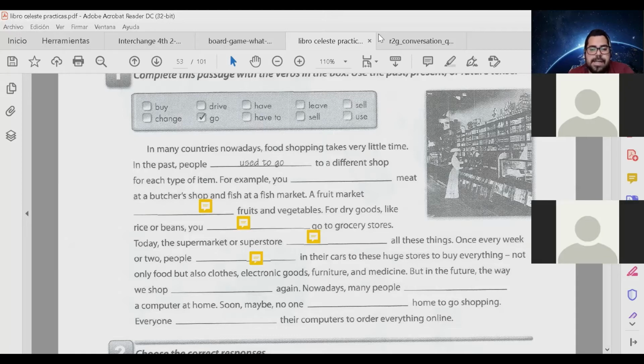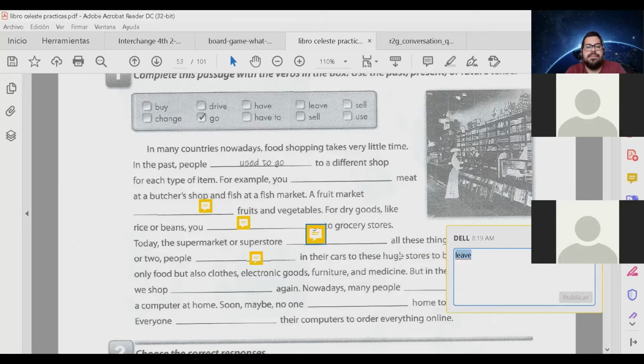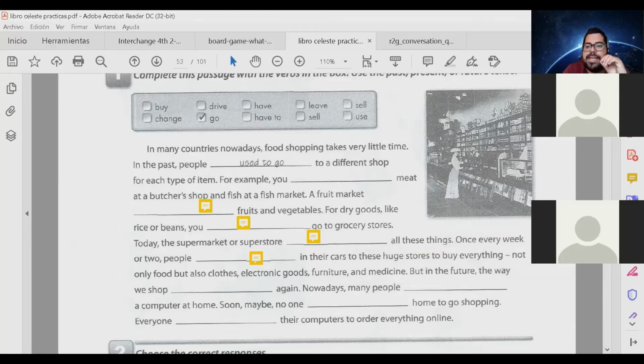I think it's sell. Okay, let me see. We have two cells. So we have in here sell. So today, the supermarket or superstore sell all these things. Yeah, okay, sell all these things over here.